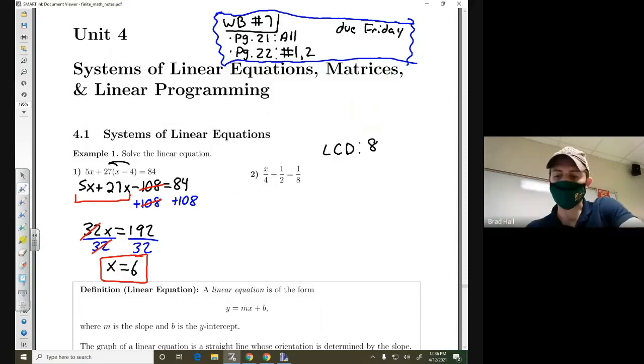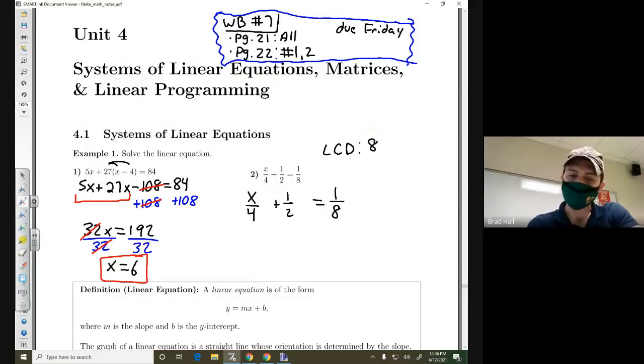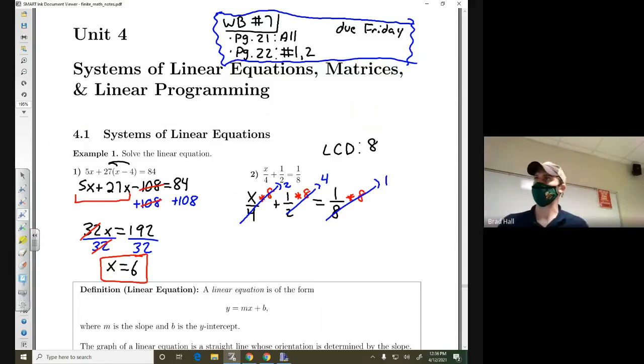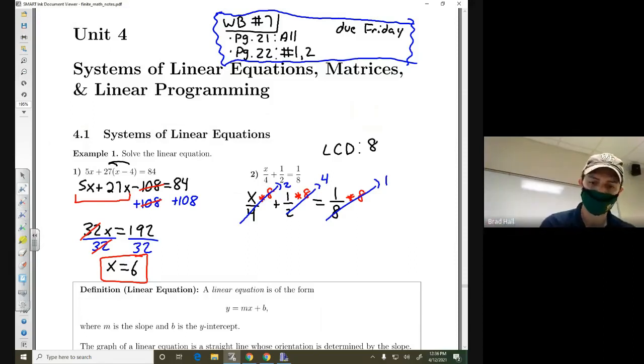So remember what we do with that information. And I like to make a little bit of room to really emphasize that we multiply each term by this 8. And we look at these diagonal associations, you see that in every case, as it should, the denominator cancels out. This is exactly what the least common denominator is supposed to do.